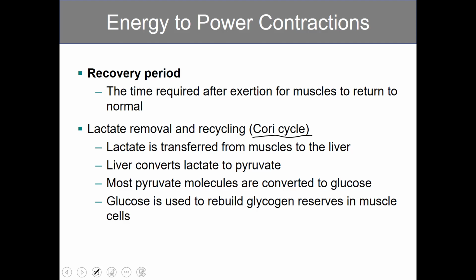And the pyruvate, for the most part, can be converted to glucose and then reused to build glycogen reserves in the muscles, or just be available for aerobic metabolism when the time comes. So the Cori cycle is how the body gets rid of lactic acid. It's done in the liver, and basically it's converted back to pyruvate, which is a usable molecule.